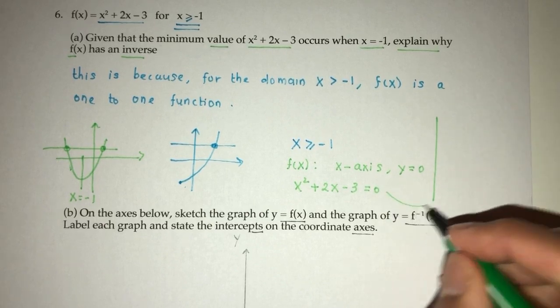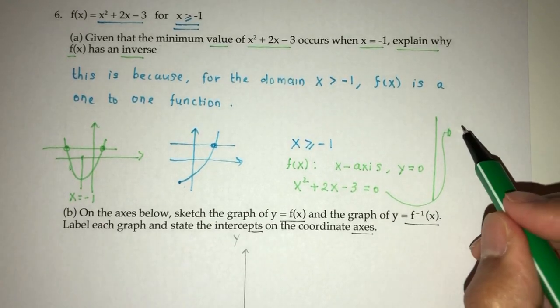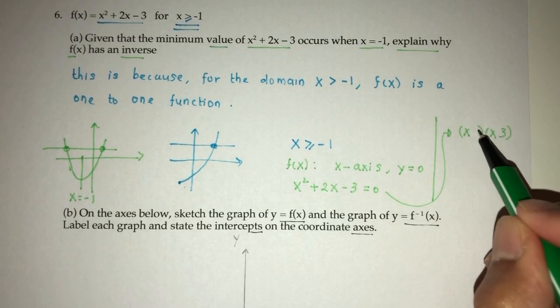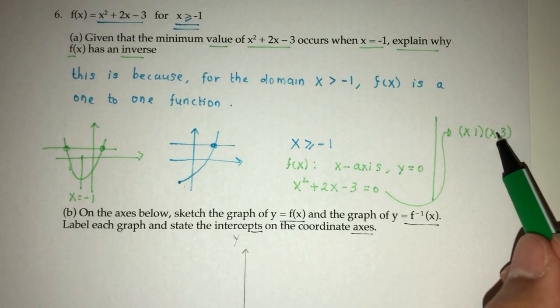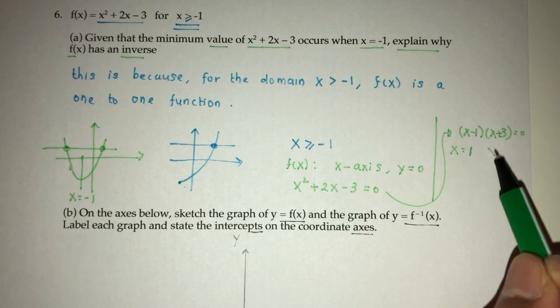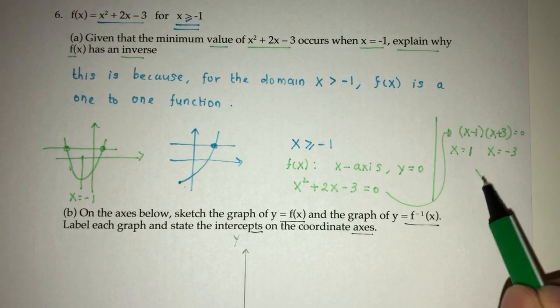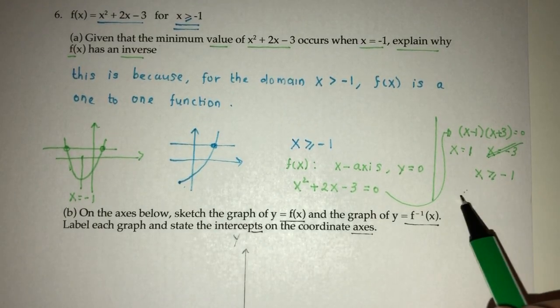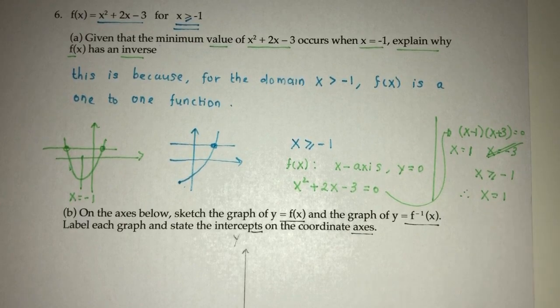So we factorize: to get plus 2 we have plus 3 and minus 1. X will be 1 and x will be minus 3. Since x is more than minus 1, we don't take this value. X will be only equal to 1.